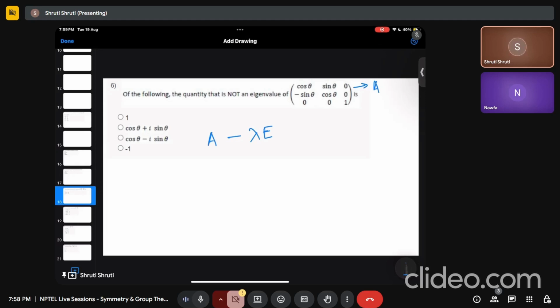Then you take the determinant of it and equate it to 0. This is what we call the characteristic equation.